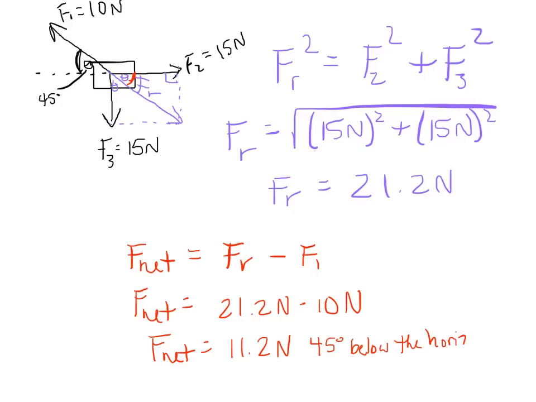And again, I knew that that was a 45-degree angle because my F2 and my F3 were equal to each other. And so what that means is, again, that those two angles have to be equal to each other. And since the whole thing is a right angle, 90 degrees, half of that would be 45. Okay? And so my final answer, F net, is 11.2 newtons, 45 degrees below the horizontal.